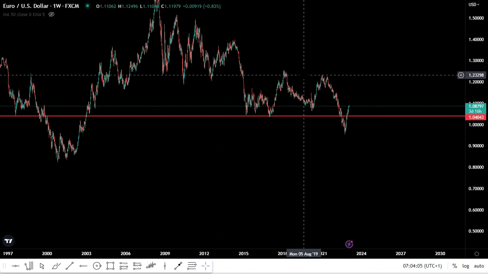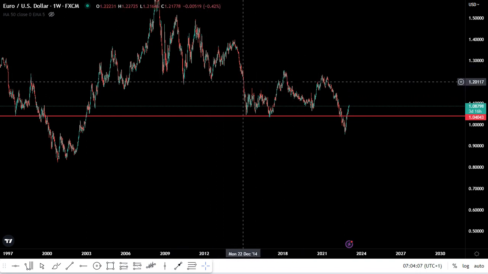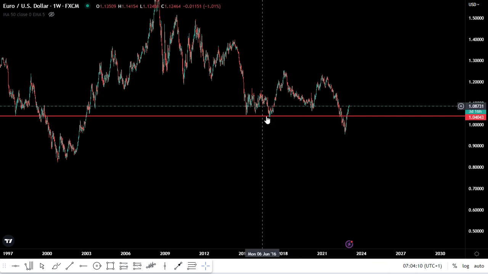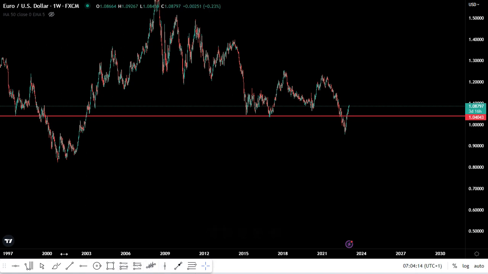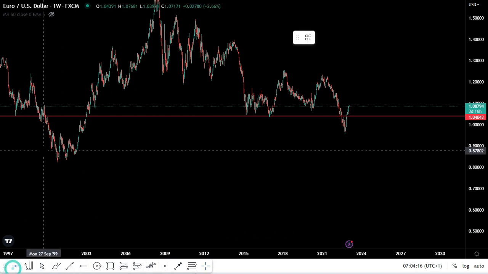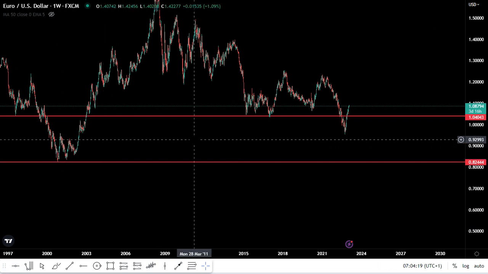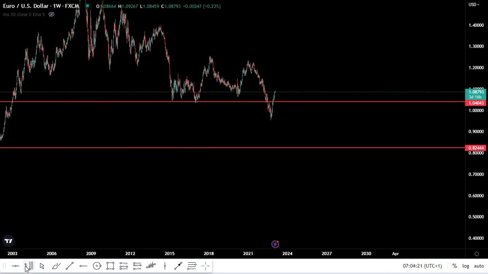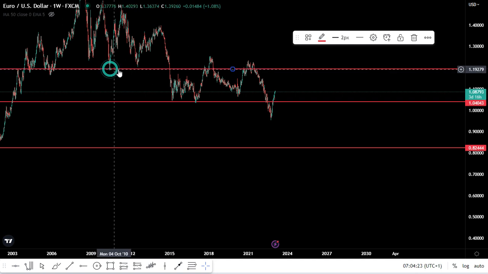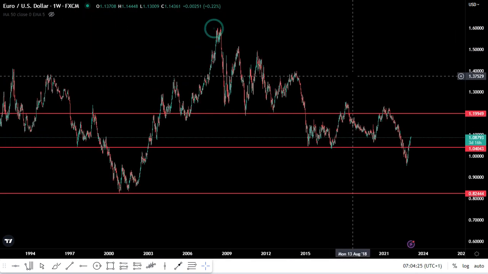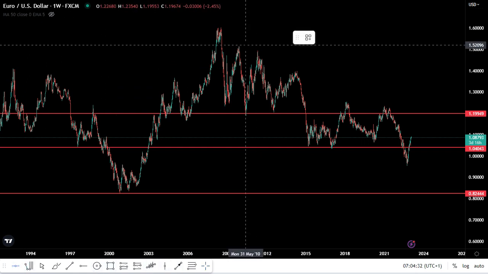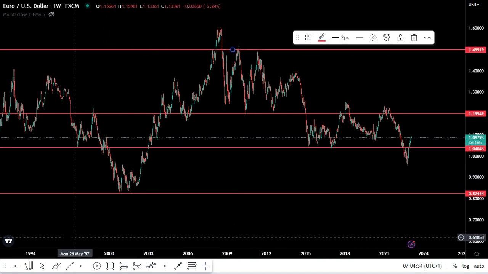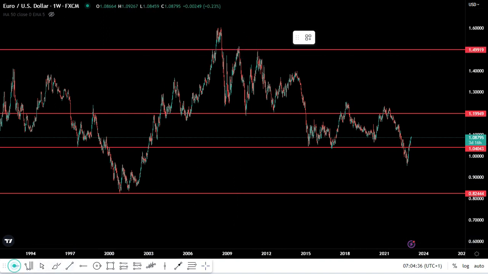So basically I'm just putting these lines at the swings, so you can see these are the obvious swings or the obvious levels. That's basically my levels, where I'm going to be focusing more. We also have this level right here. I'm going to be picking a few of these.